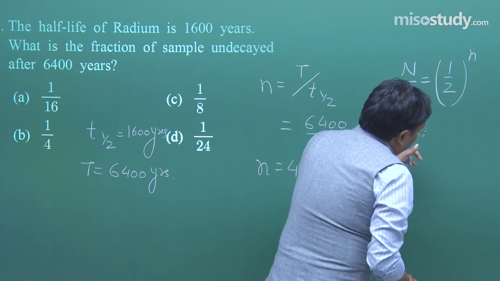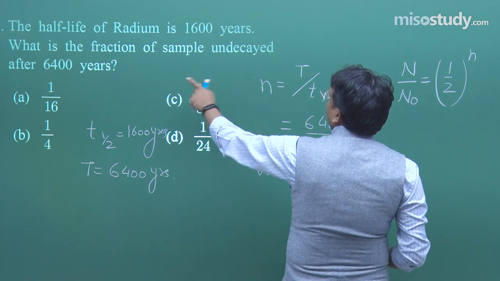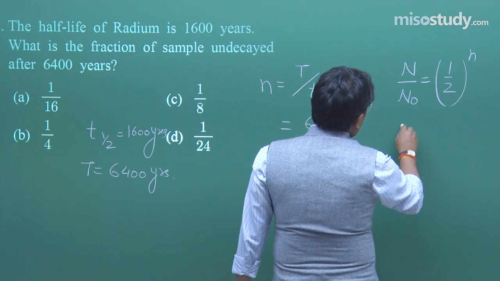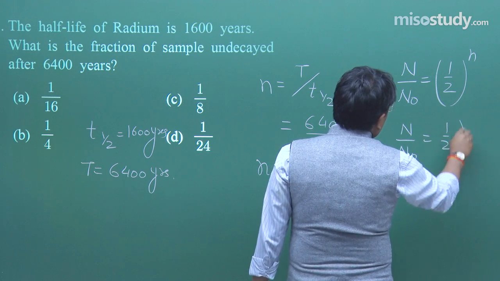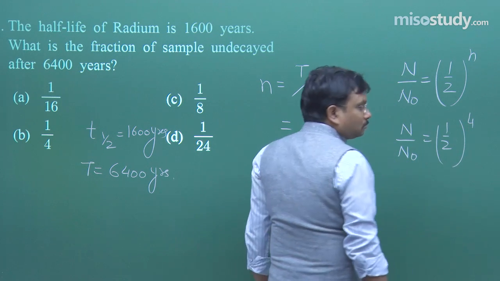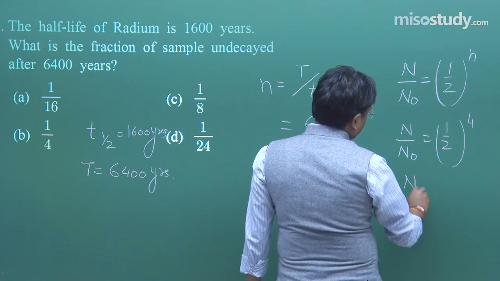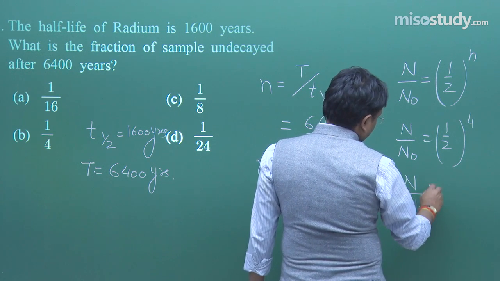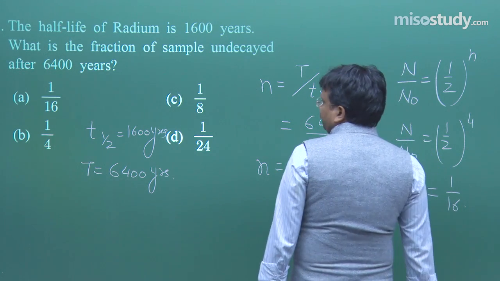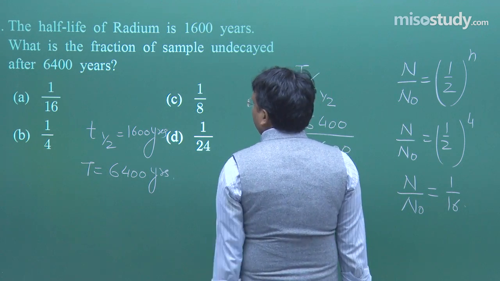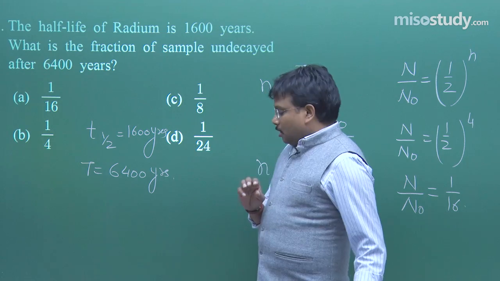From here, how much is the fraction of sample undecayed? It is (1/2) to the power 4. So, the correct option is option A, that is 1 by 16.